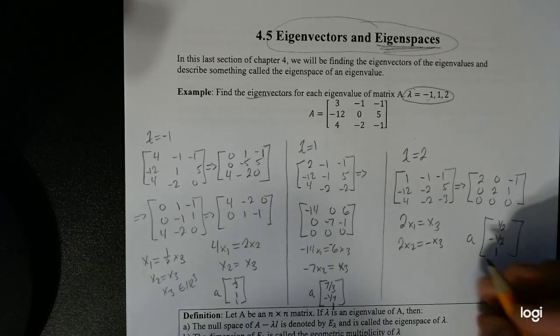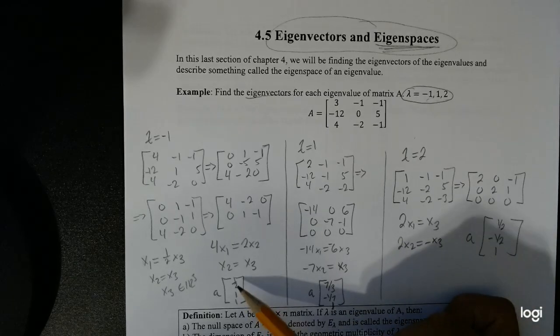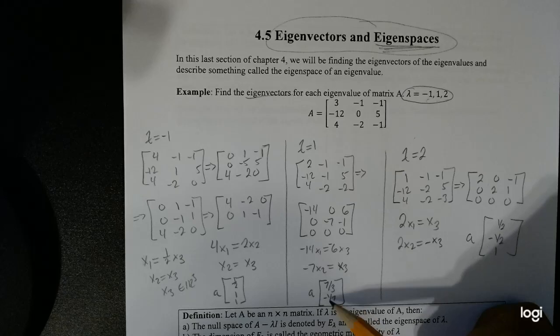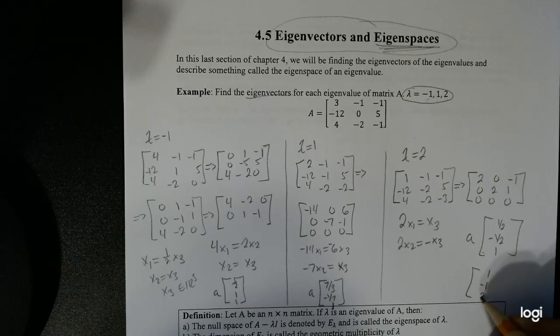Or, an alternative if you want to get rid of all the fractions, just multiply this by 2, which is just a scalar. So an alternative would be 1, negative 1, 2 as well.